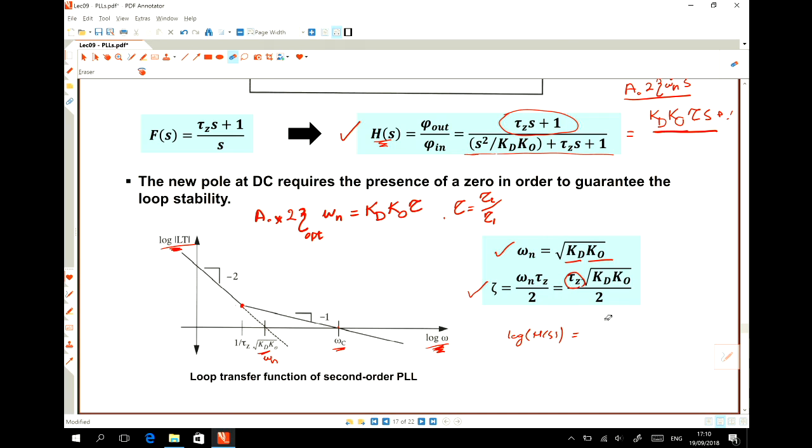The log of tau z s plus 1, minus the log of the denominator, and the log of the denominator is s squared. But then how can we separate these elements in the log?